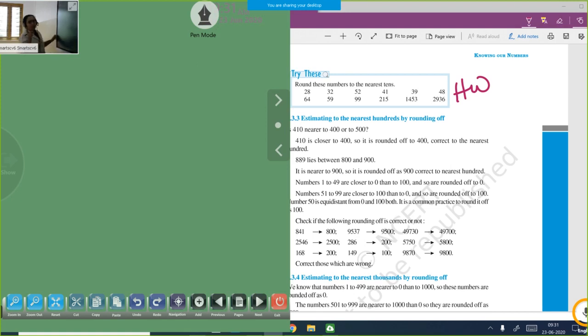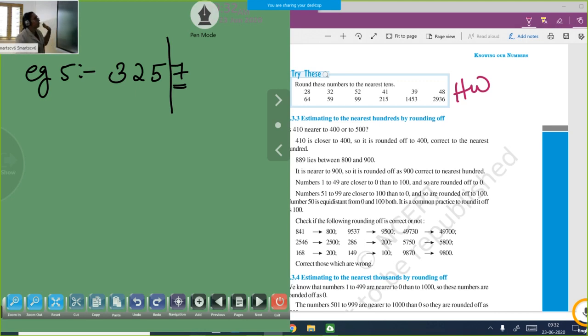Next, one 4-digit number also the teacher will show. One more example, example number 5. 3257. How to estimate this number to the nearest 10? Always you have to see the ones place first. The ones place is 7, which is 5 or more than 5.